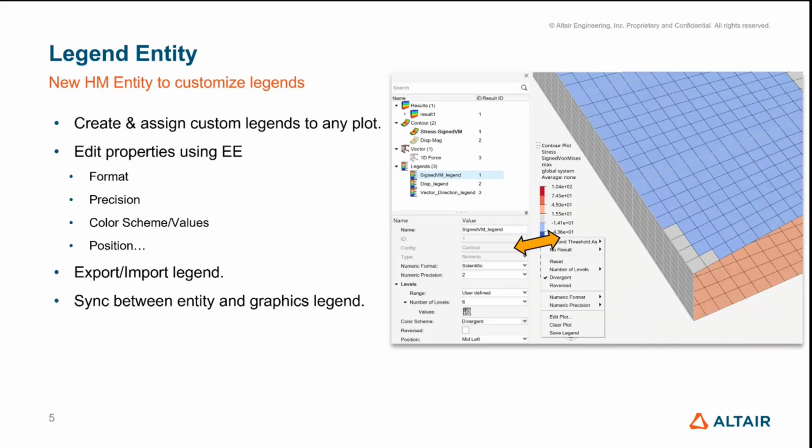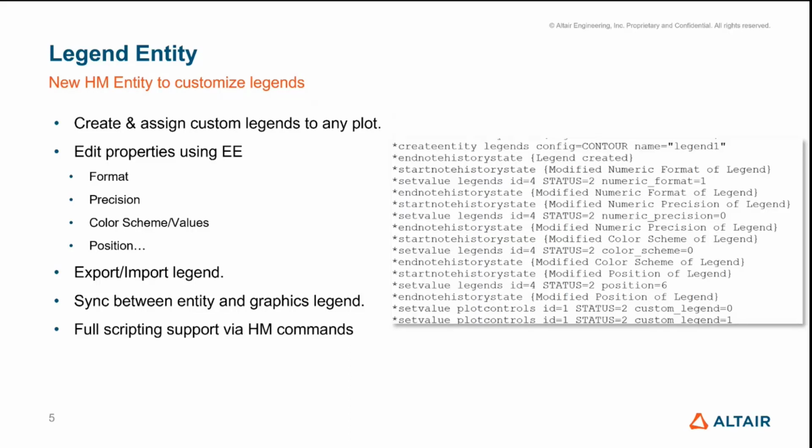And then there is a full synchronization between the legend entity which is listed in the browser and the legend you see on the graphics. So you could change either one, and the changes will be reflected in the other. And then lastly, but most important point is, since this legend is an entity in the HyperMesh database, you have the full power of HM commands to completely script this workflow.